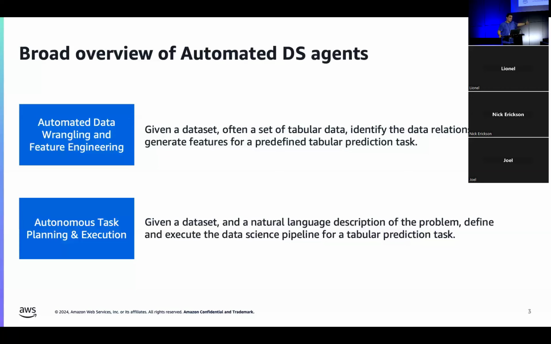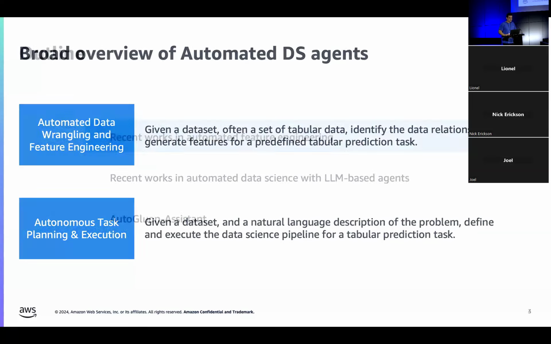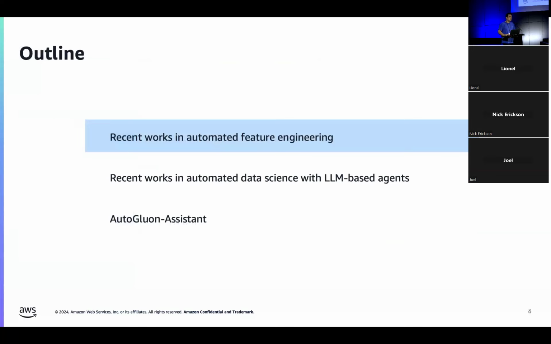Then I will go to the second step of a broader problem description, actually getting an agent that can autonomously look at a data science task and try to come up with a solution to it. Maybe the second box also subsuming the first of feature generation and data wrangling. And as I said, in this talk I will give a very brief overview of how people have approached this problem before in both automated feature engineering and then automated data science with LLM-backed agents.